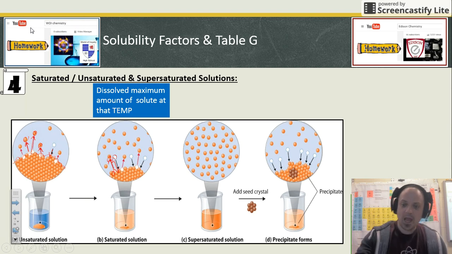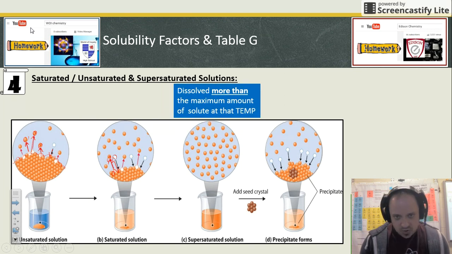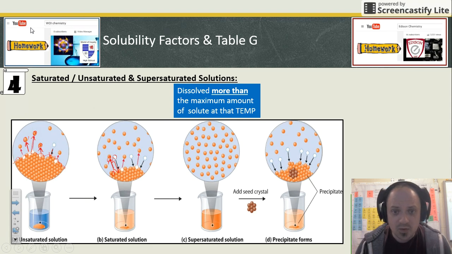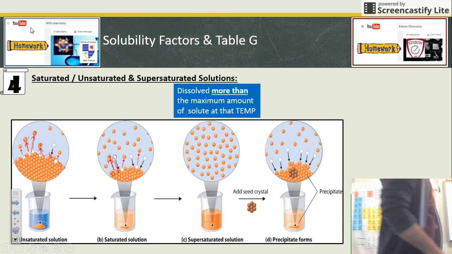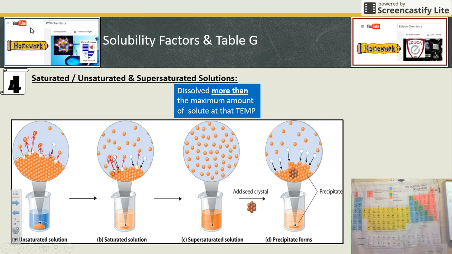A supersaturated solution. This solution has been tricked into dissolving more than the maximum amount of solute at a given temperature. So everything's in solution, even though not all of it should be. We've tricked it chemically. So a shake or adding a seed crystal, as we see in the picture here, will cause a precipitate to form.